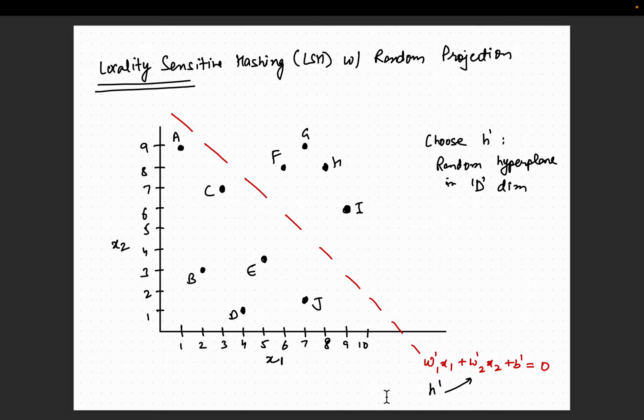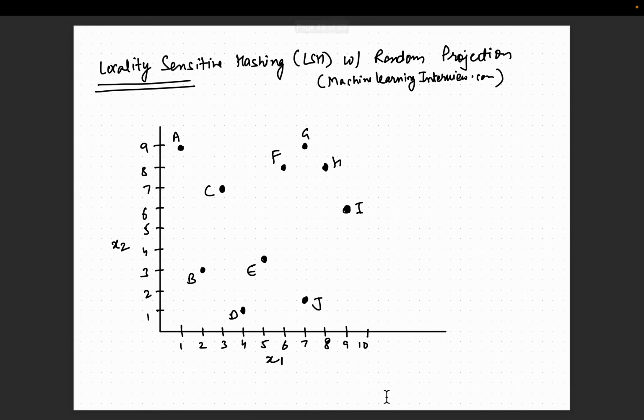So I'll directly go on to the implementation. The goal previously which we saw in KD trees was doing some axis aligned partitioning of the space. Right? KD trees would do axis aligned partitioning of the space. Now let's see if we can do some non-axis aligned partitioning of the space.